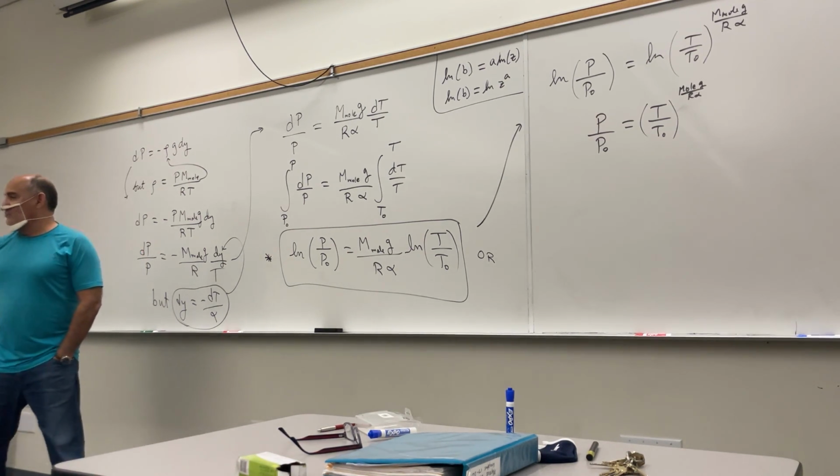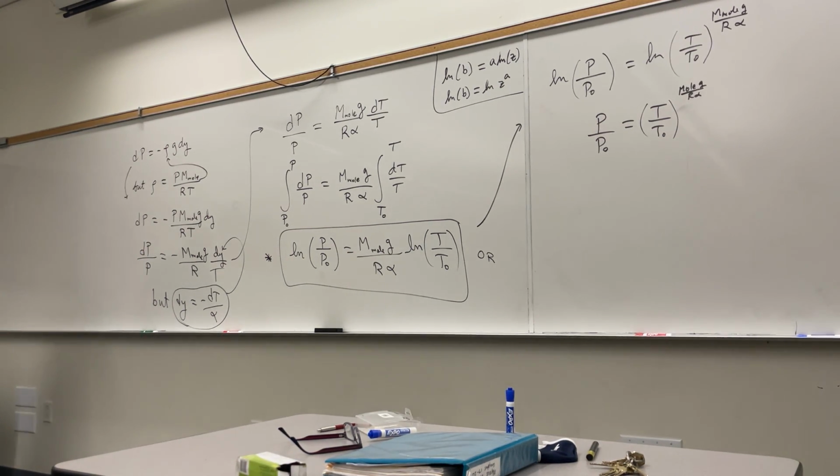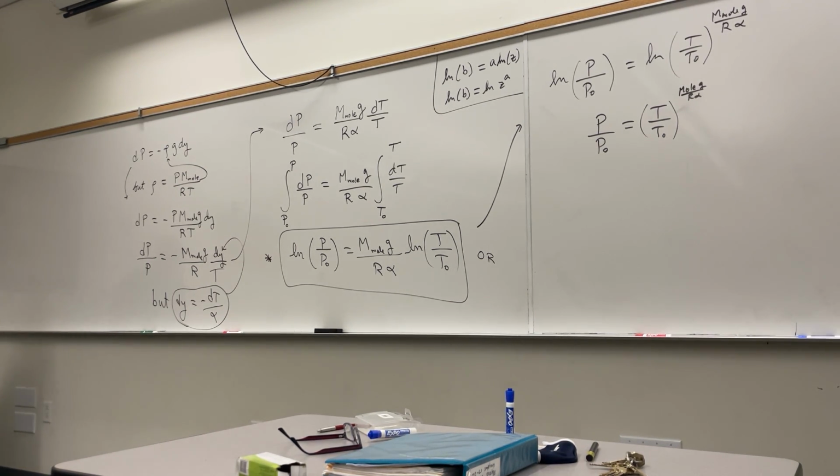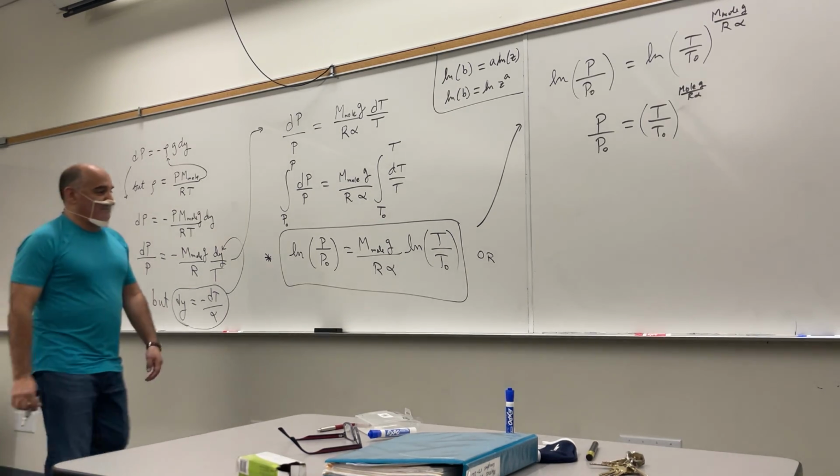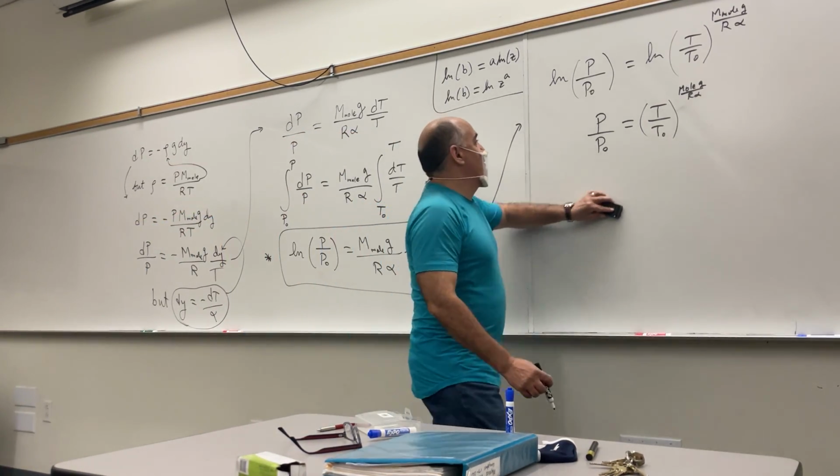So, let's do a numerical problem. What's the pressure, let's say 5 kilometers up in altitude, if the pressure here is 1 atmosphere? If the pressure at sea level is 1 atmosphere, what's the pressure 5 kilometers above? Let me use this one, I prefer that one.